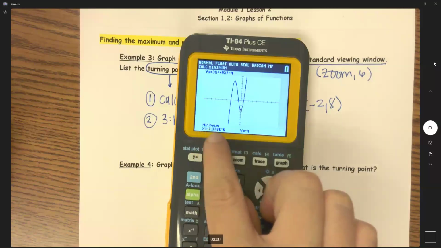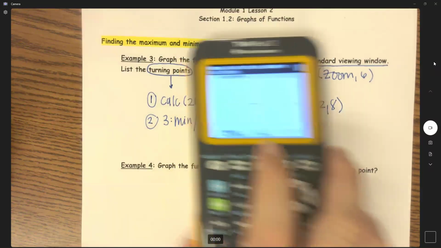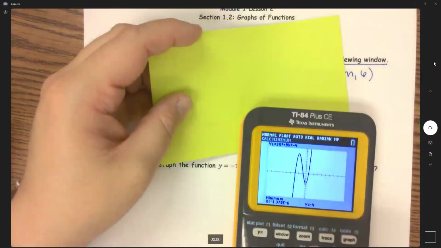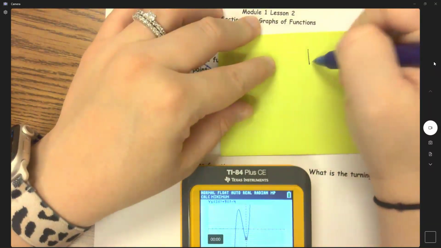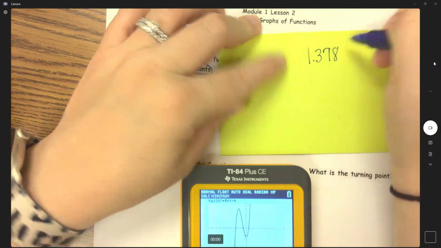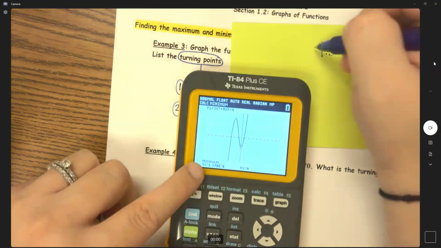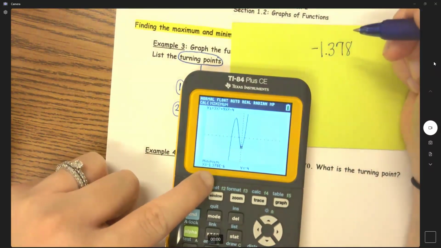If you didn't get x equals 0, you might have got something like this, and honestly, it probably doesn't even match this number exactly. When you get a number like that, that is the same as them writing this in scientific notation. So this is negative 1.378.